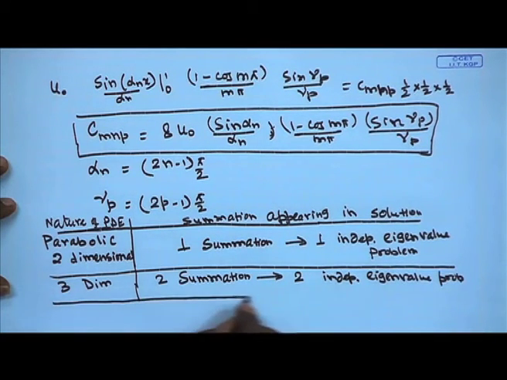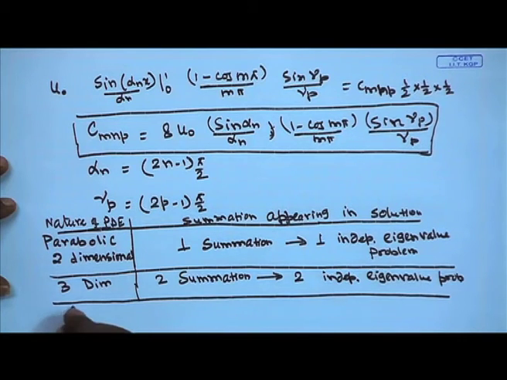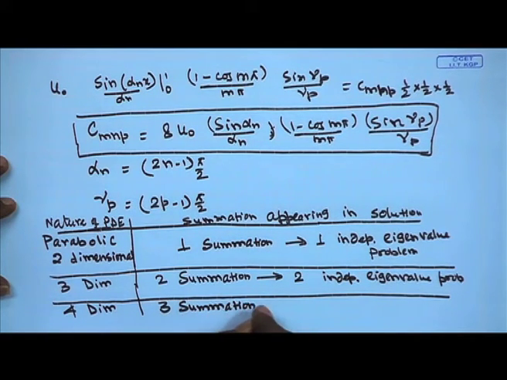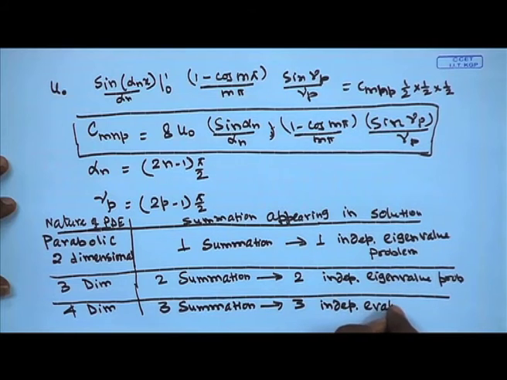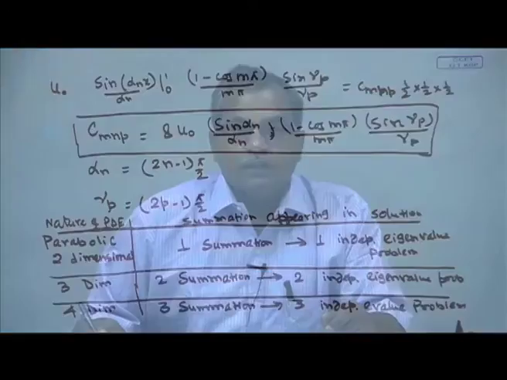If I deal with a four-dimensional problem, then there will be three summations appearing in my solution, because I will be dealing with three independent eigenvalue problems. Okay. So, now I will be considering one case before going into the elliptical partial differential equation.